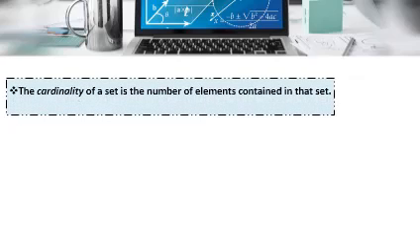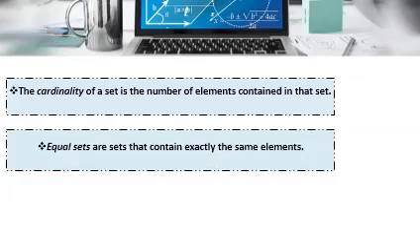Now let us continue. We have the cardinality of a set, which is the number of elements in that set, and we usually represent it, for example, as n(P), n(A), n(X), where you count the number of elements.